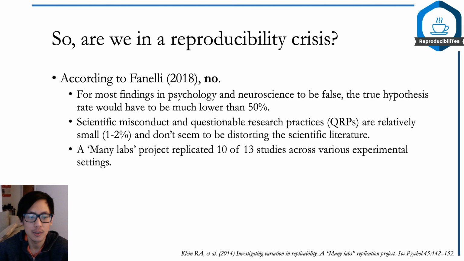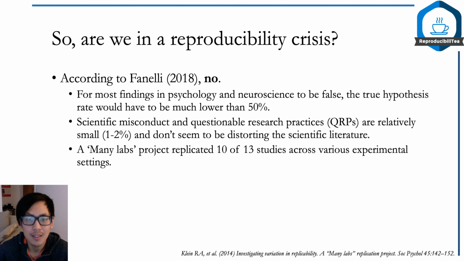What's not accounted for is that we have theories that inform our experimental design. So scientists don't just randomly look in the dark. We have logic and models that will determine what is the case. So perhaps the true hypothesis rate is not much lower than 50%.